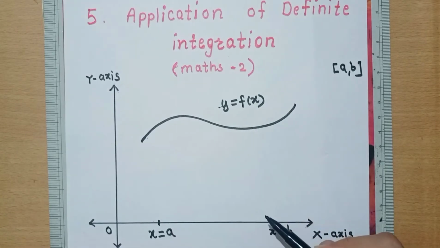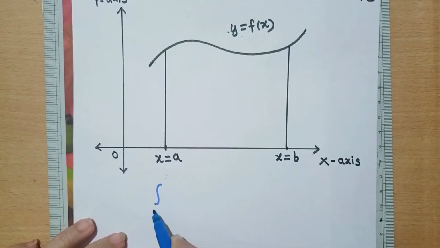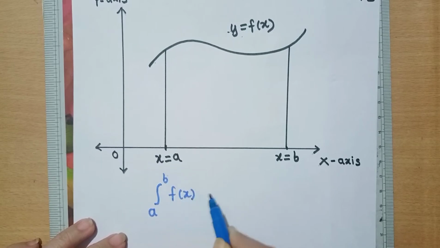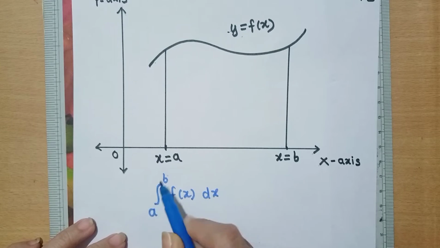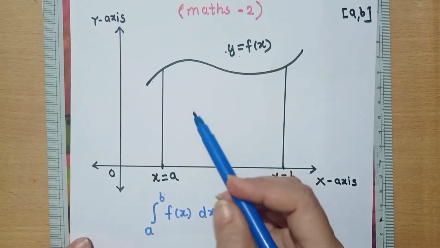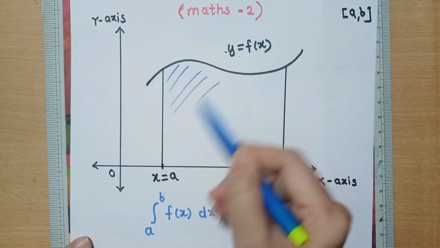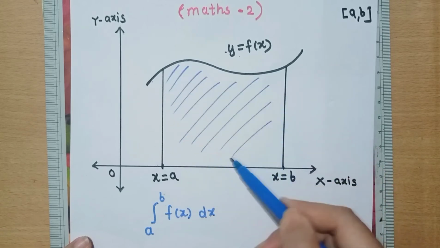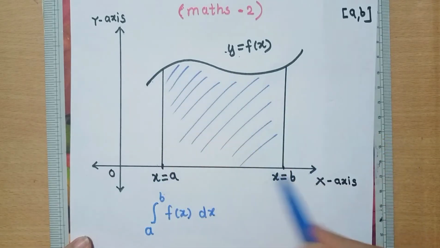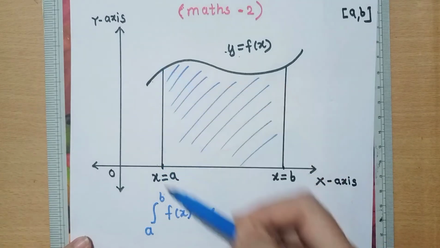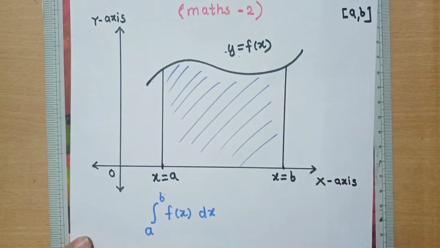We will draw the lines, and hence the definite integration of this function f(x) with respect to x from a to b is nothing but the area under the curve. This area is bounded by this curve, the x-axis, and the lines x is equal to a and x is equal to b.